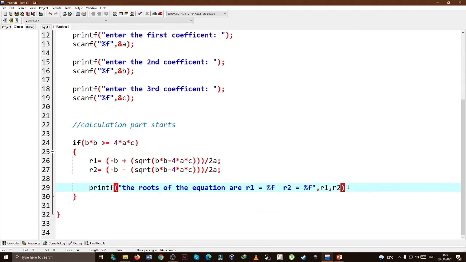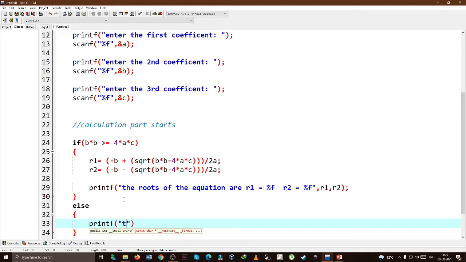So here our two roots will be printed. Now if b^2 is not greater than or equal to 4ac, then it will go to the else part, where we will print the message that the roots cannot be calculated for this equation.